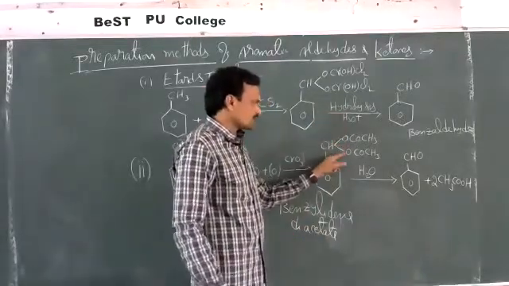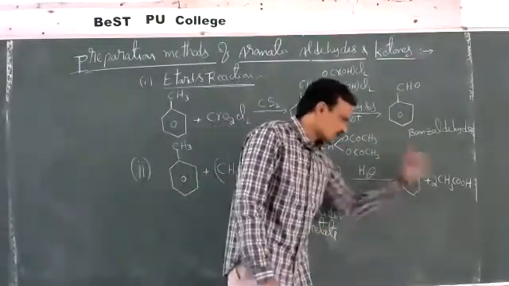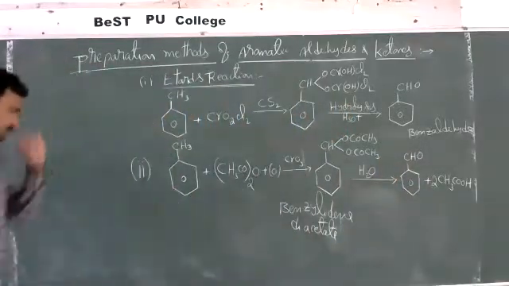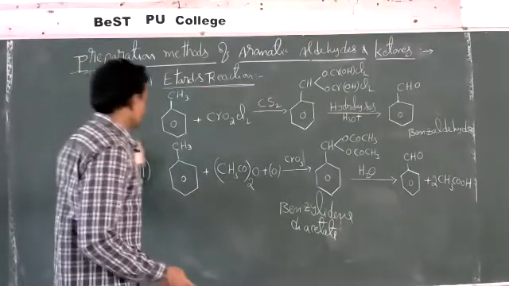Here hydrogen, and here oxygen will be added. Then you get benzaldehyde plus acetic acid. So this is the second preparation method of benzaldehyde from toluene. Right. Now we will go for one more method, the third one, again from toluene only.